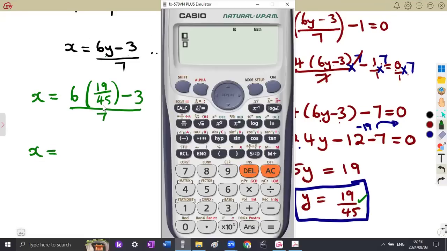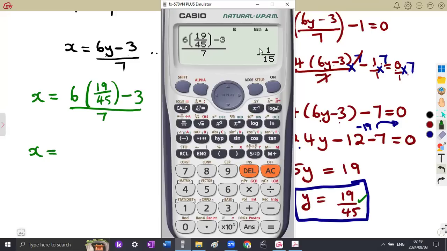Put a fraction: we are going to have 6, open bracket, 19 over 45, then close the bracket, minus 3, then divide everything by 7, as it is here. That's how your calculator is supposed to be displaying it.